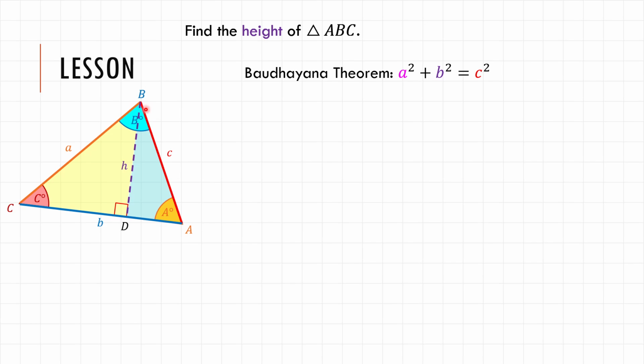The problem is in this triangle here, I have one side here, the hypotenuse. I have this side here, which is a side length, but I don't have this side. And similarly, in the other triangle, I have the hypotenuse. I have one side, which is the height, but I don't have this side here. So I'm going to do something kind of interesting.